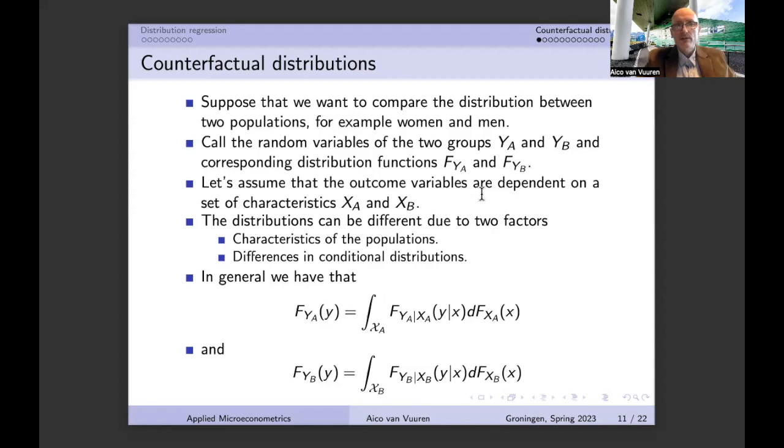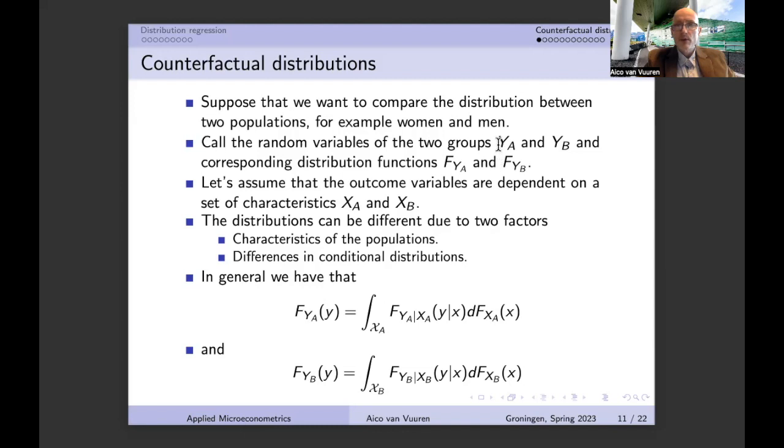Even though we were doing that with respect to quantiles, what we in fact were doing was looking at differences between the distribution of wages between women and that of men. In order to analyze this a little bit better, we are going to call the random variables of the two groups YA and YB, and the corresponding distributions are going to be denoted by FYA and FYB.